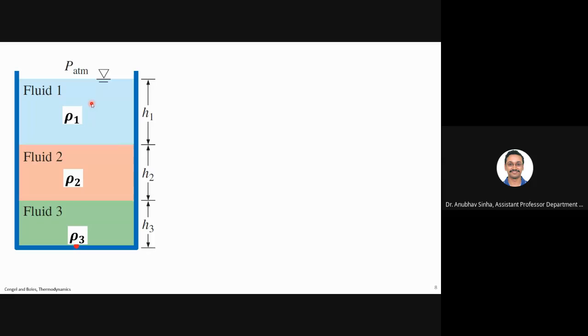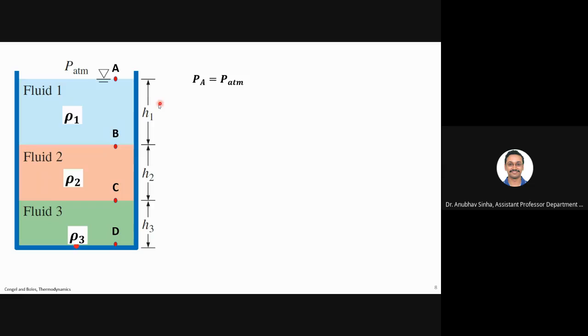Now I want to calculate pressure at different points. Let us say I have these points A, B, C, D. I want to know the pressure at A, B, C, and D using what we have seen in the last slide. PA is the simplest. You can simply say that it is equal to atmospheric pressure, since it is at the free surface. Now what about B?